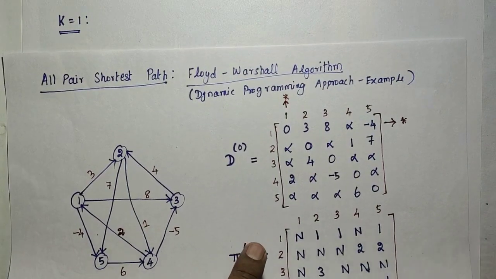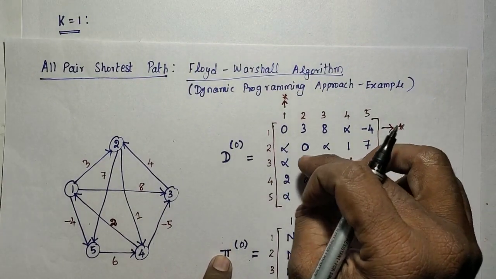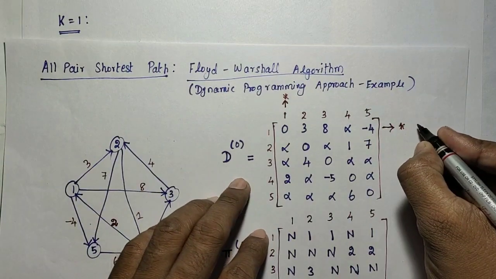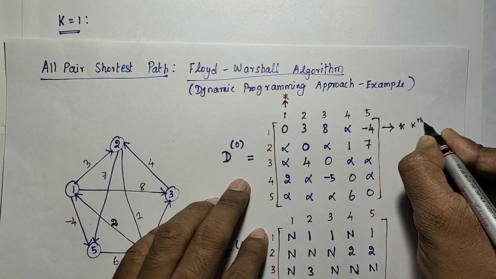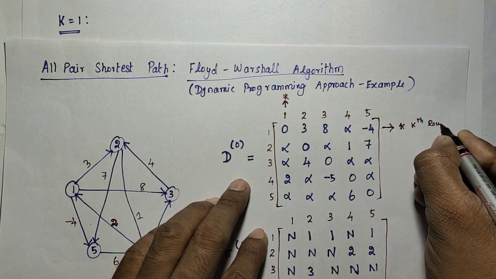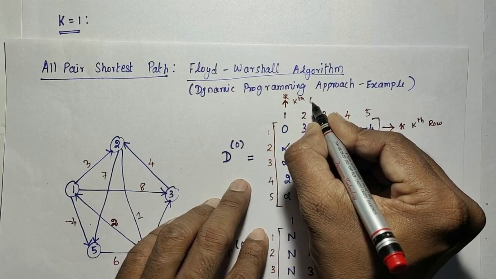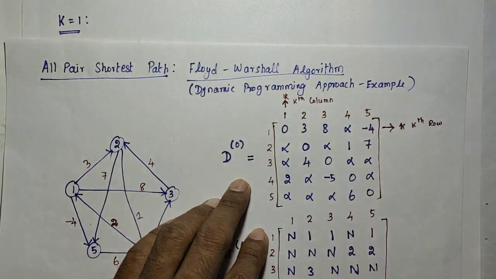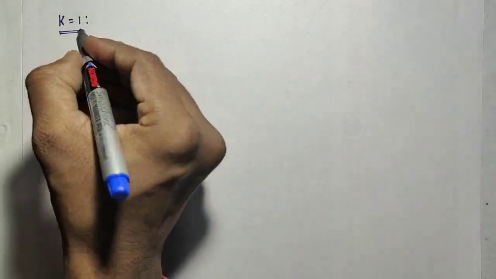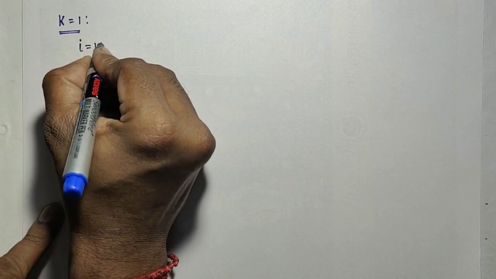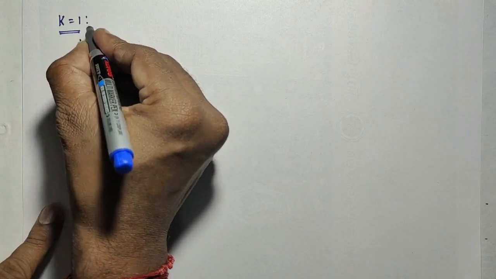Now I am going to check row by row whether changes are needed or not. So that is the kth row, and this is the kth column. Like that we have to choose. So now k equal to 1, and this time we are going to take i equal to 1.